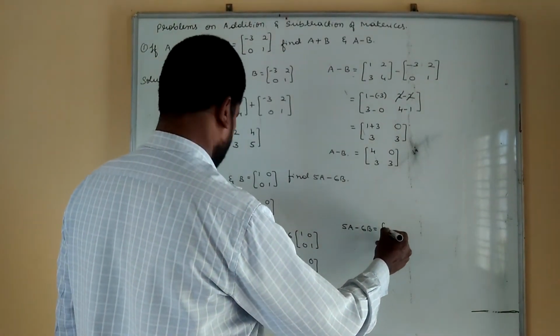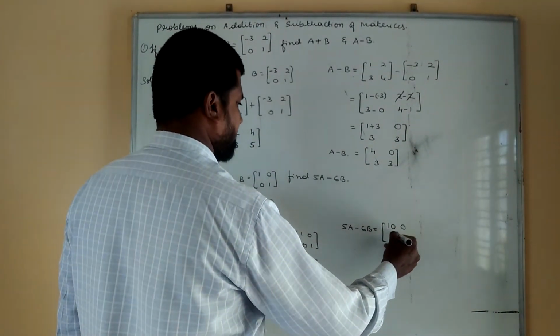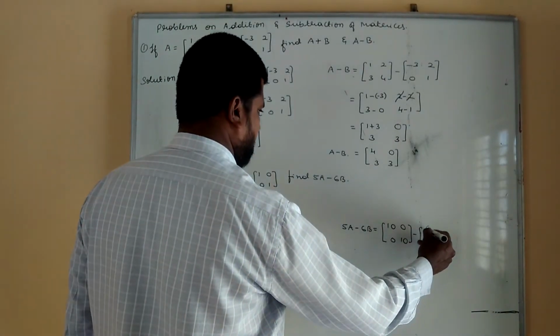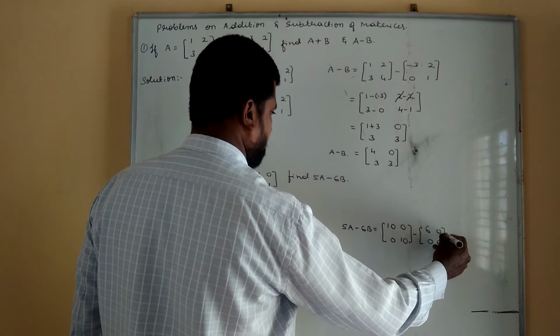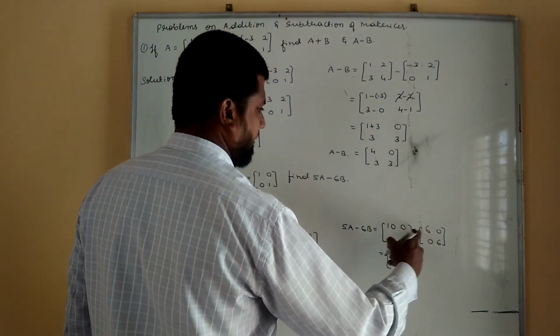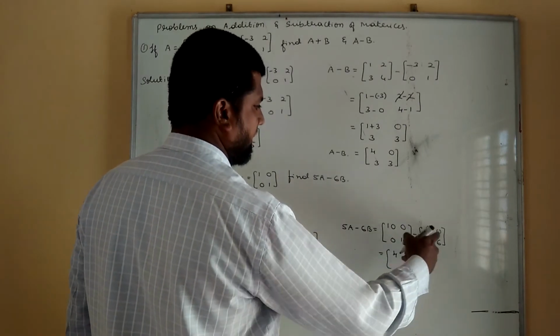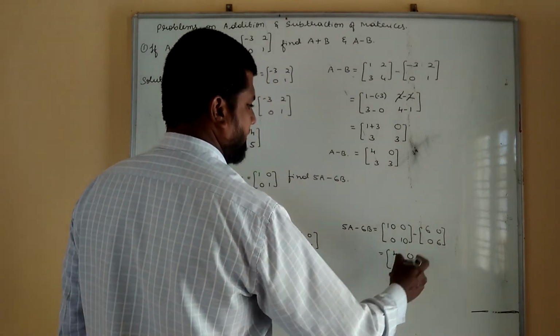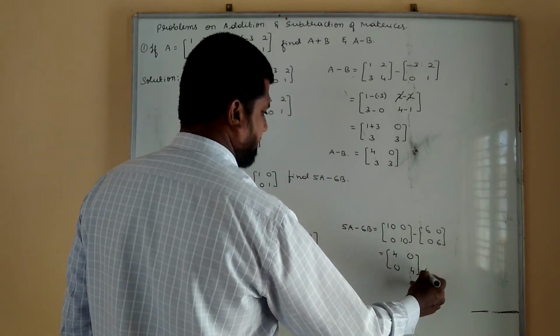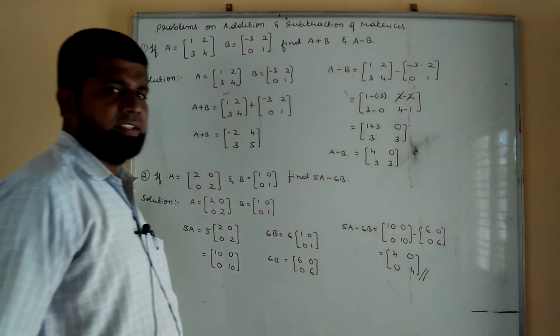What is the value of 5A? 10, 0, 0, 10. And the value of 6B is 6, 0, 0, 6. If you subtract, what will you get? 10 minus 6 is 4, 0 minus 0 is 0, 0 minus 0 is 0, 10 minus 6 is 4. So this is the value of 5A minus 6B.